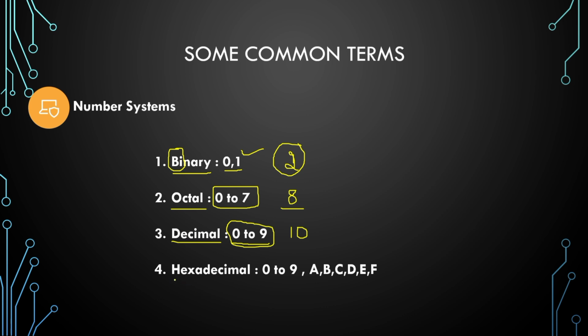Then we have the hexadecimal number system. Hexa means 6, decimal means 10. Total 6 plus 10 is 16.